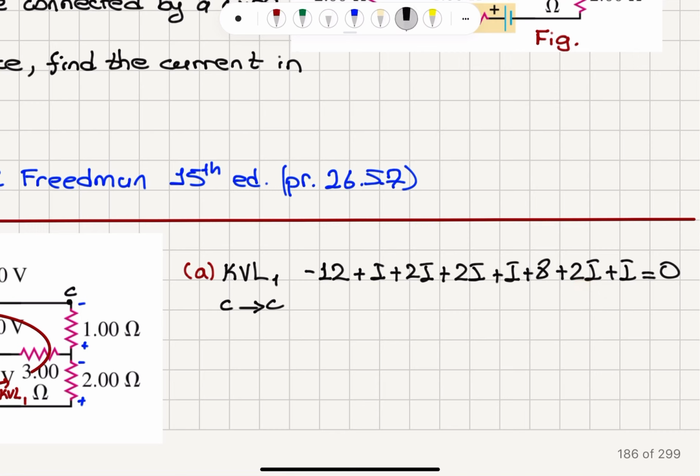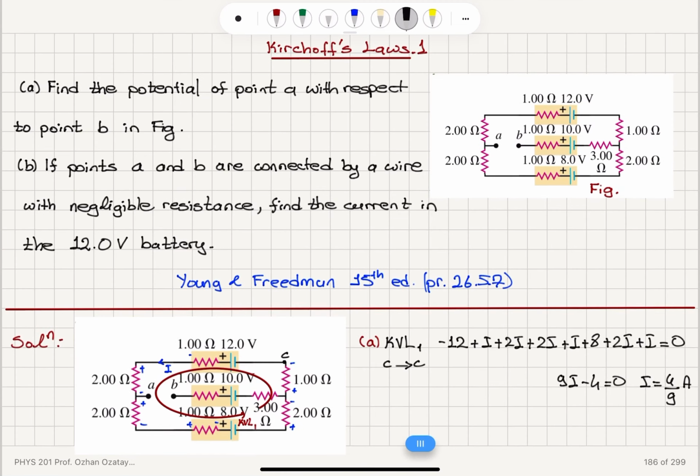So this will give me 9I, and then I have minus 12 plus 8, minus 4, is equal to 0. I will find that the current is 4 divided by 9 amps. So the current that flows through the circuit is 0.44 amps. So Kirchhoff voltage law helped me to find this current.